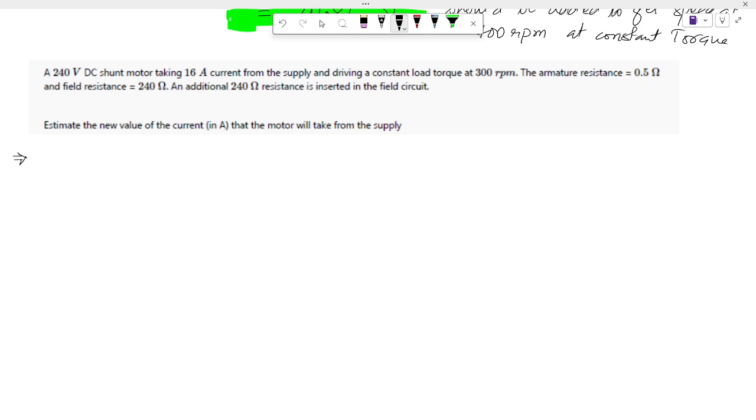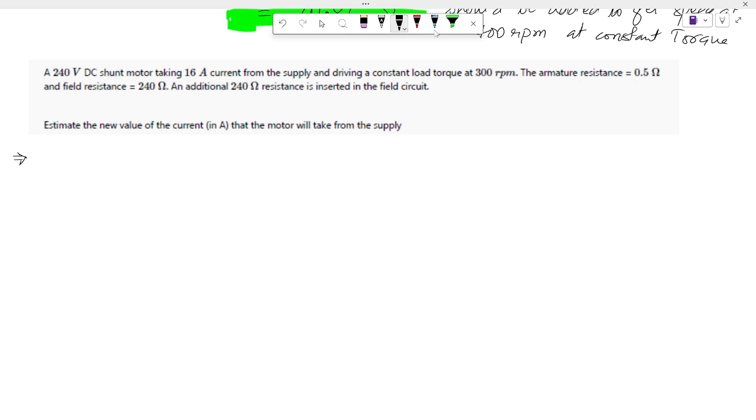The armature resistance is 0.5 ohm and field resistance is 240 ohm. An additional 240 ohm resistance is inserted in the field circuit. Estimate the new value of current the motor will take from the supply.